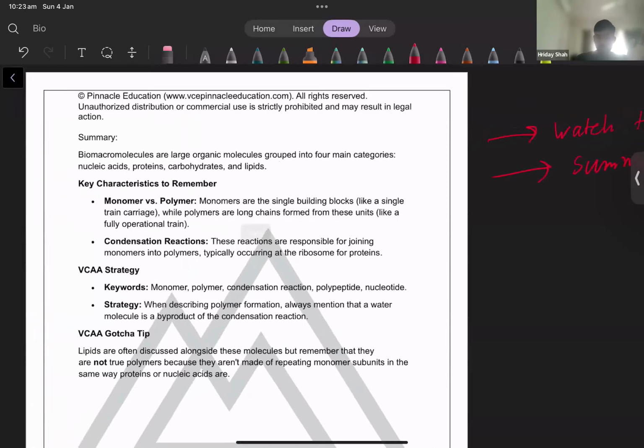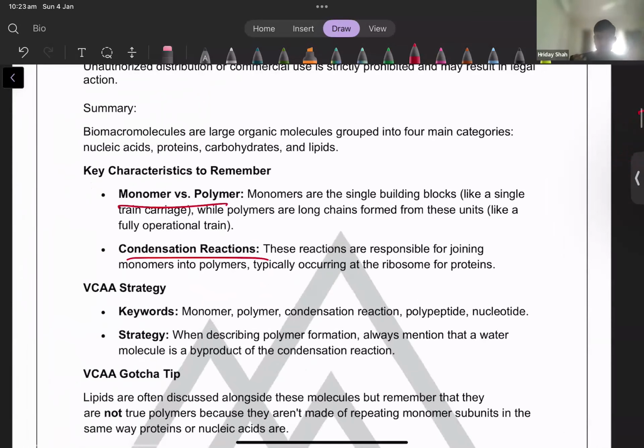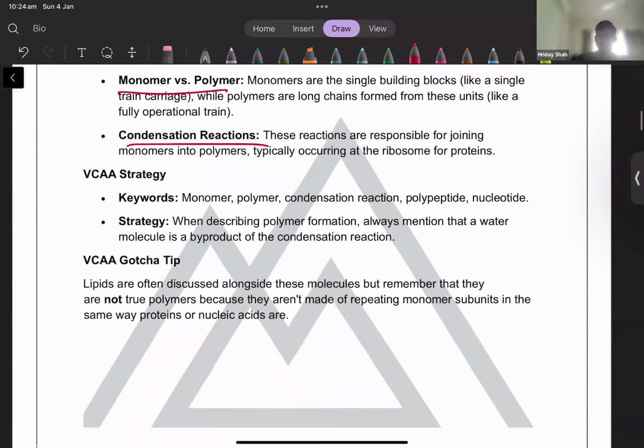They're really good because they break it down into the key characteristics. They've got the keywords. So if you're writing an answer to any sort of response, the more of these keywords that you use, the higher the likelihood that you're actually answering the question correctly.